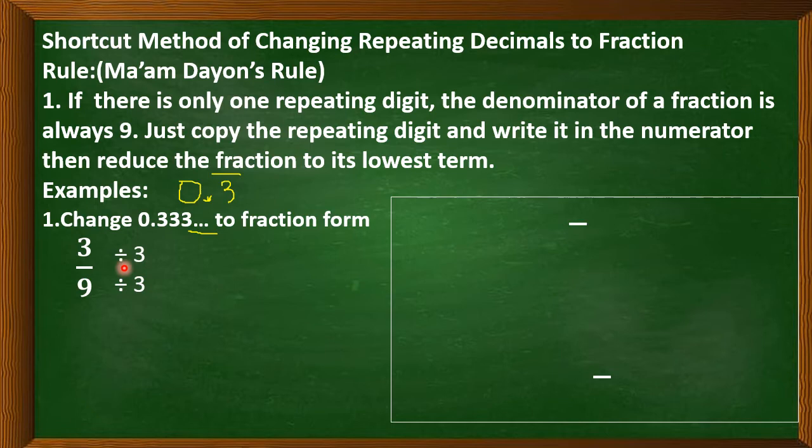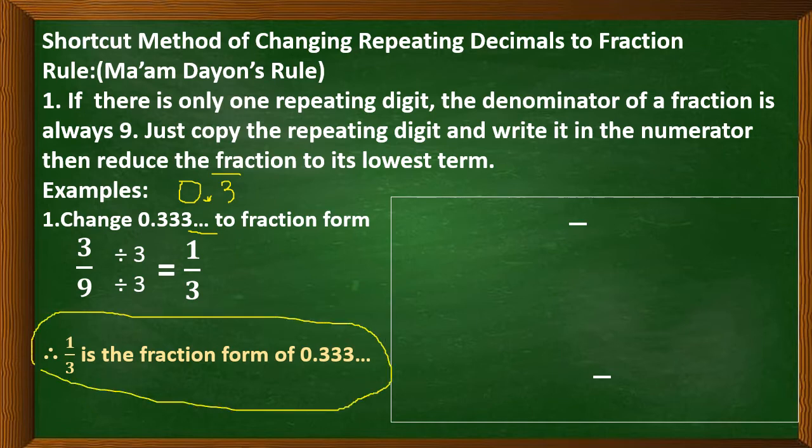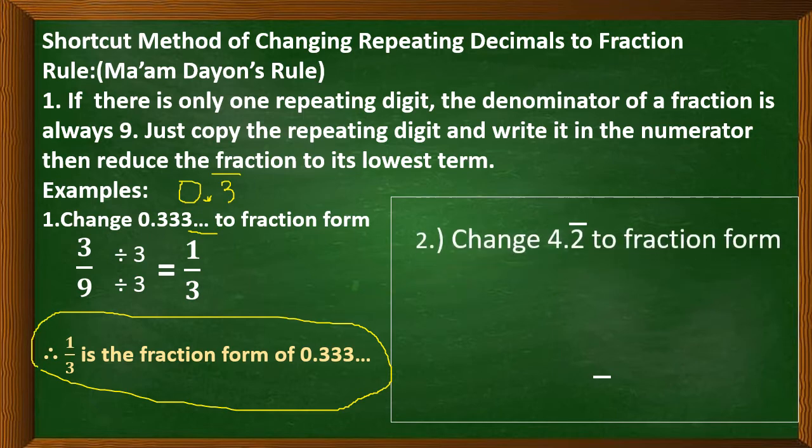So 3 divided by 3 is 1, and 9 divided by 3 is 3. Therefore, 1/3 is the fraction form of 0.333 repeating.